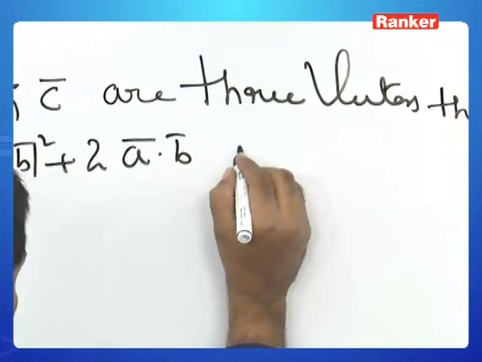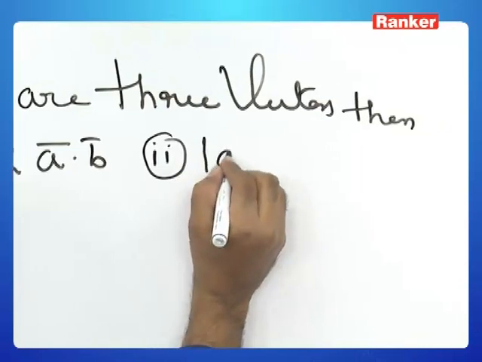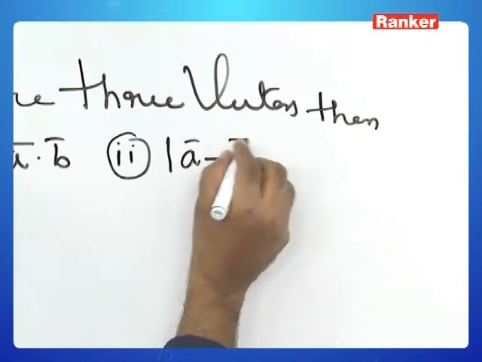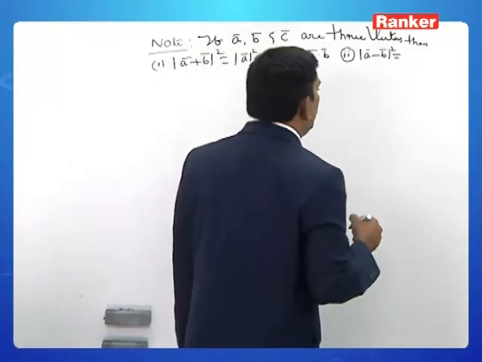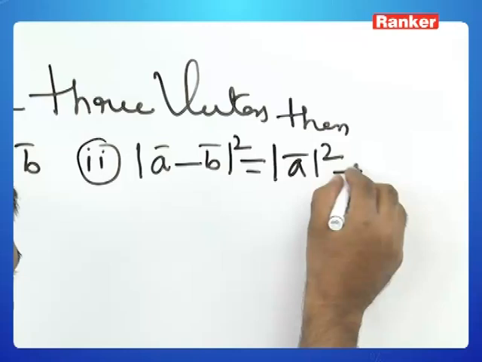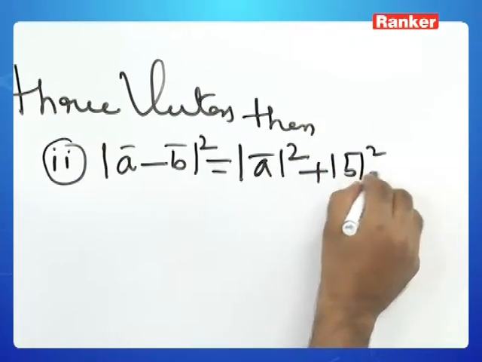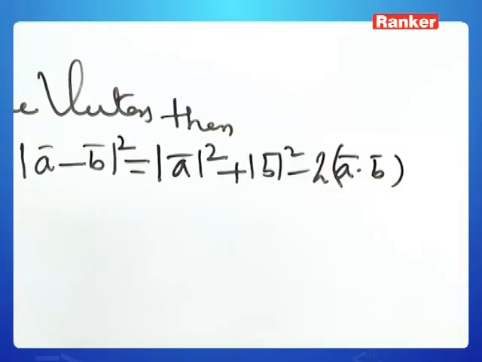The second one is modulus of A bar minus B bar whole square is equal to mod A whole square plus mod B whole square minus 2 into A bar dot B bar.